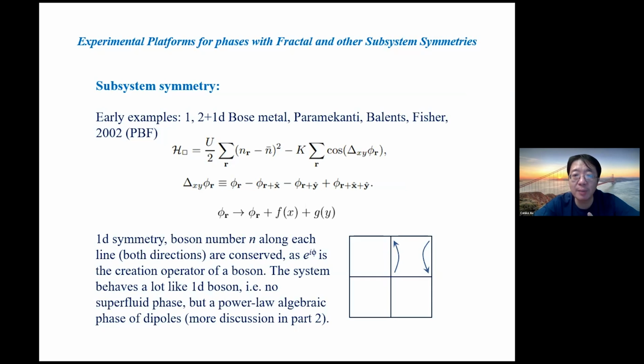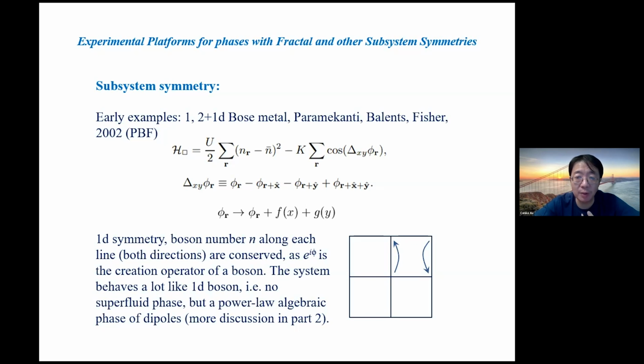In 2+1 dimensions, it's very rare for a boson not to condense and also not be gapped. This model behaves a lot like a 1+1 dimensional boson. There's no superfluid phase and no long range order of the boson creation operator, but there's an algebraic power law decaying correlation of some other operator, like the dipole operator.